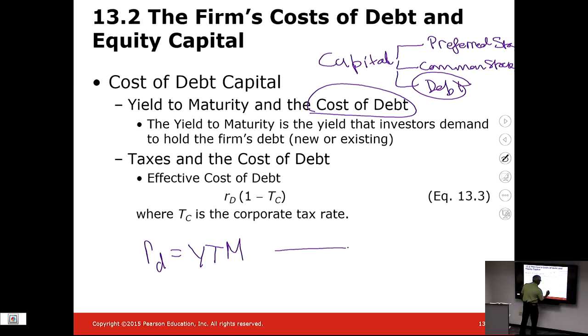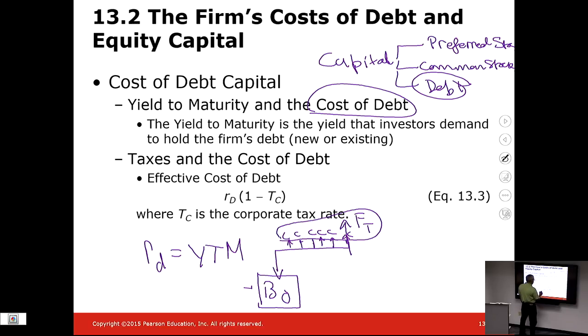Yield to maturity is telling us if I buy the bond at whatever it is trading at today, and then I hold the bond all the way to maturity, and I get back the face value, and in the interim, I get back all these coupons, then the return on my investment, and so this is the investment that I made, and these are the cash flows that I got back, the return on my investment is essentially what we call the yield to maturity.